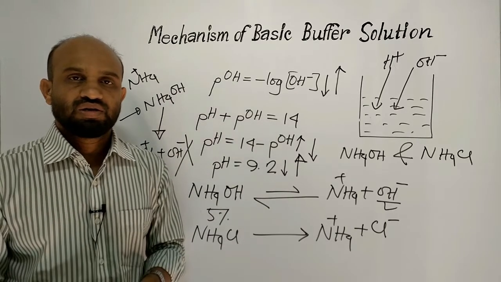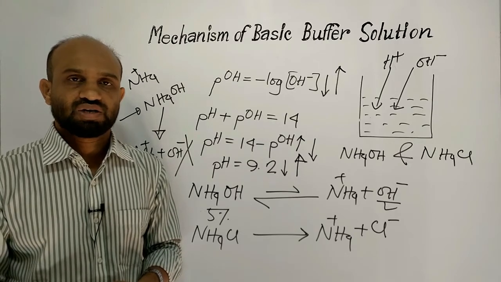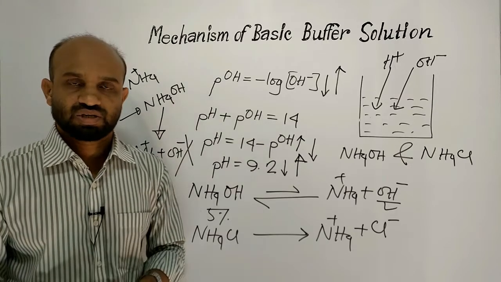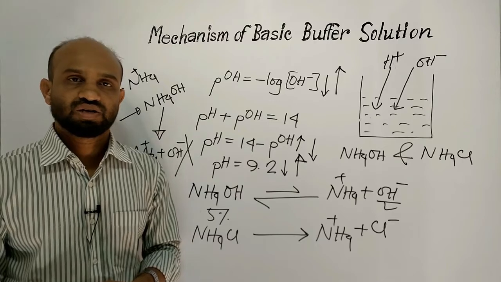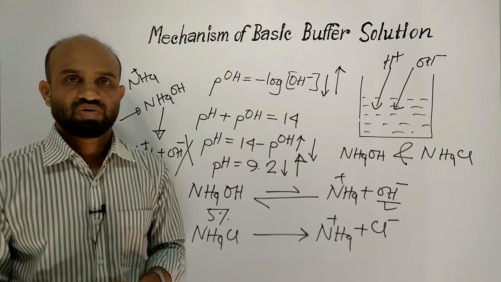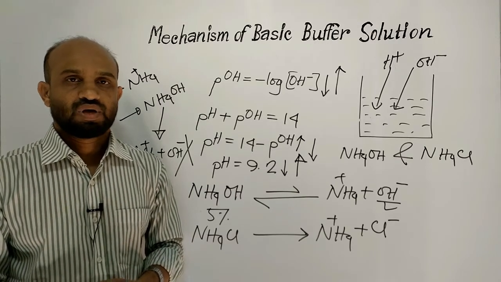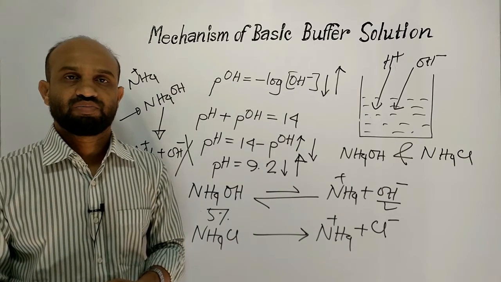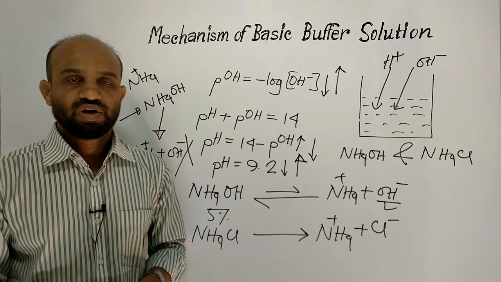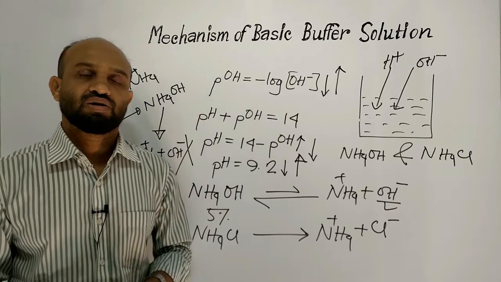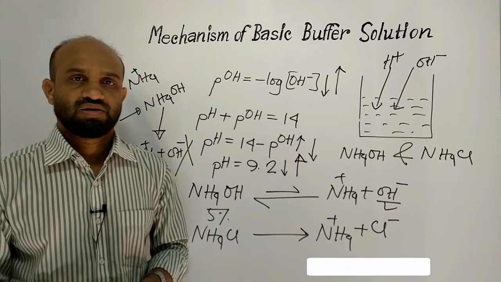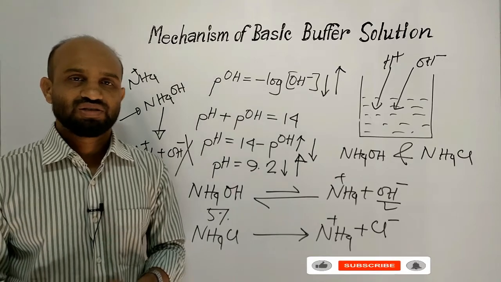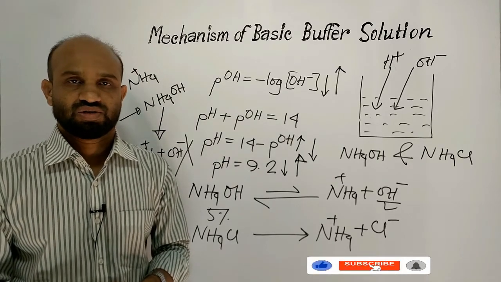That is why concentration of hydroxide ion remains constant after the addition of small amount of acid or base. As a consequence, pH value of basic buffer solution remains unaltered or unchanged. This is all about mechanism of basic buffer solution.